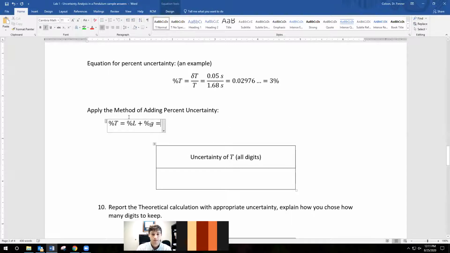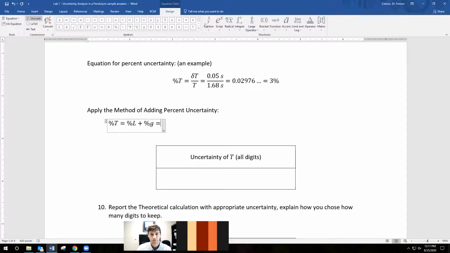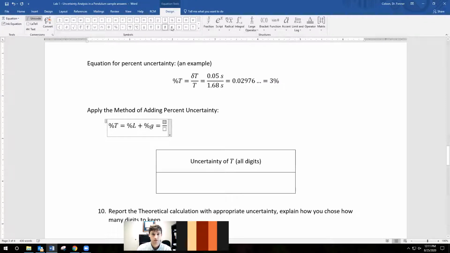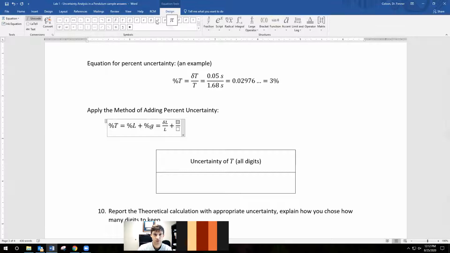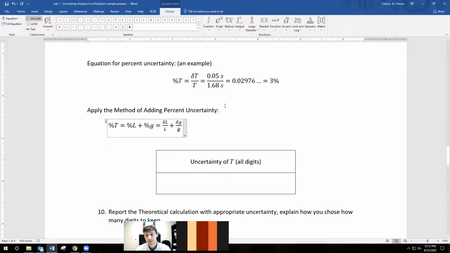The percent uncertainty of the length is the uncertainty in the length divided by the length itself. Same with gravity: the uncertainty of gravity divided by gravity itself.